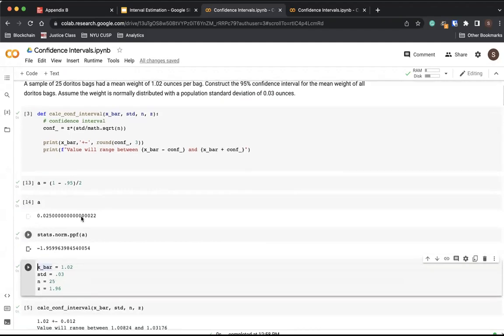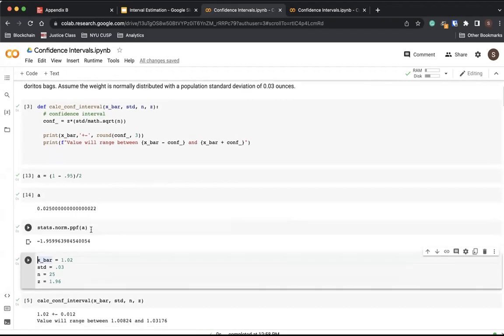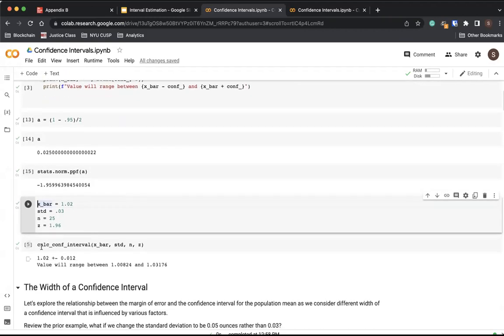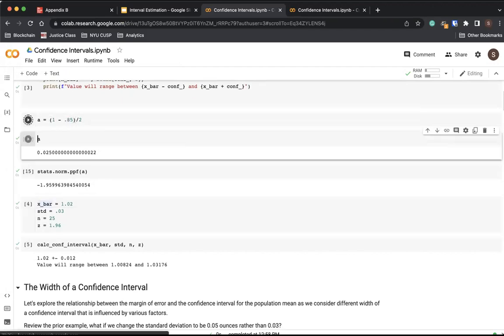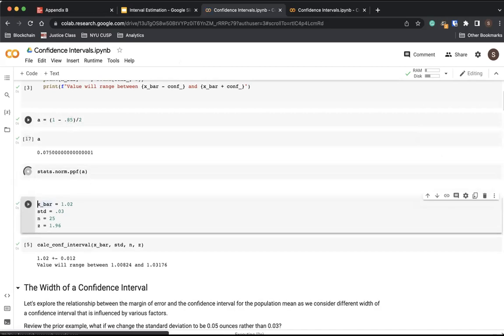Okay, cool. Awesome. So nice job. Now if we wanted to say an 85% confidence interval, we have the tools to get that Z score for any value we want without needing to use the table. But of course you can use the table as well.